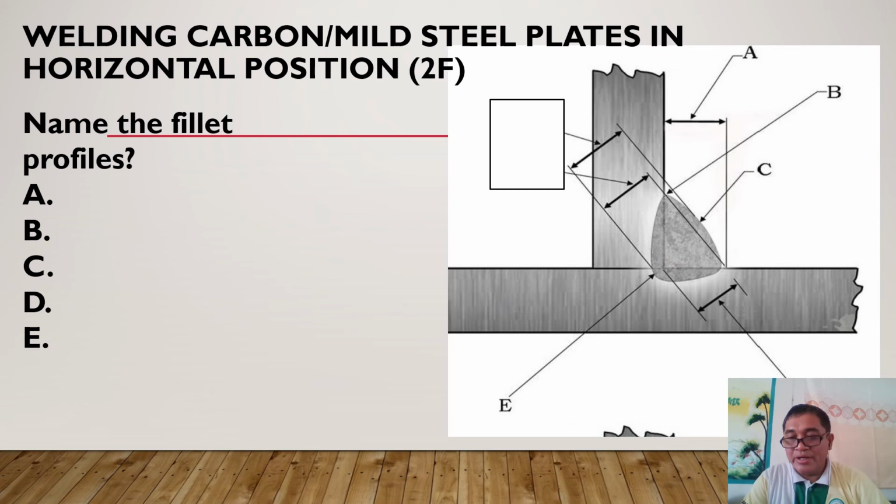Okay, there you go. I hope you learned something from our horizontal welding position, the weld profiles, and the carbon steel. So now we have to do some evaluation. On the right side is the fillet weld profile. You're going to name the letters: A, B, C, D, and E. What are the names of those particular areas in the fillet weld profile?